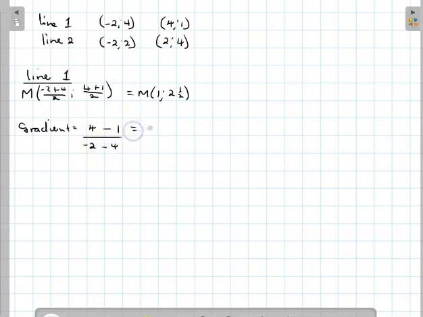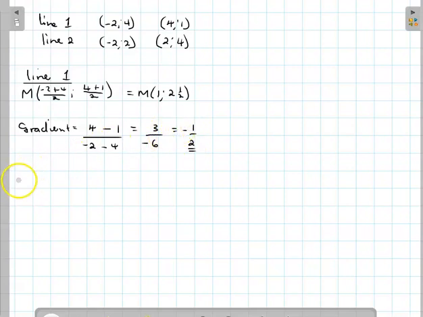So this will give you 3 over negative 6, which gives us negative half. In your final answer, the minus sign should never be below the division line. It can be in line with the division line or above the division line.